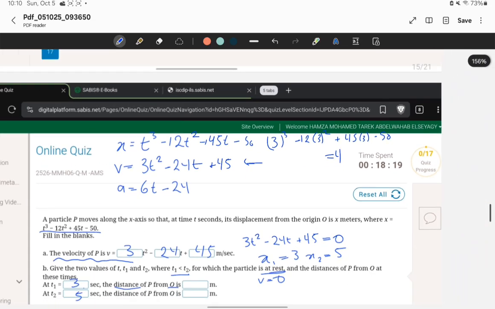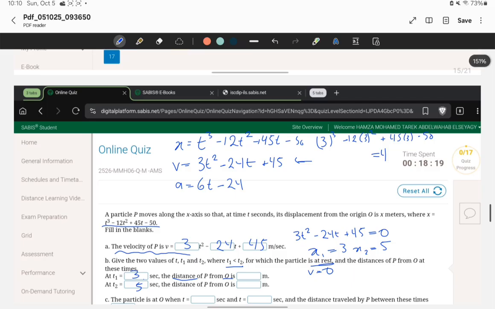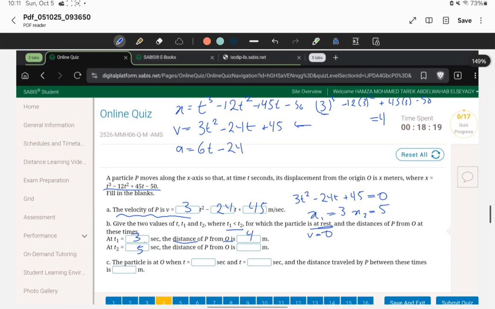So that means at time 3, because we substituted in 3, we are 4 meters away. And you do the same thing with 5, you substitute 5 into x, you get 0. All this is just substituting.